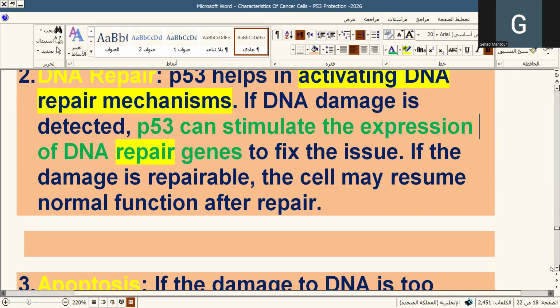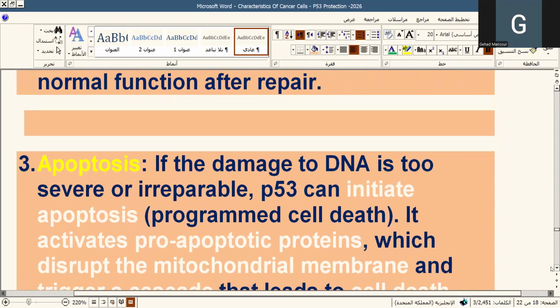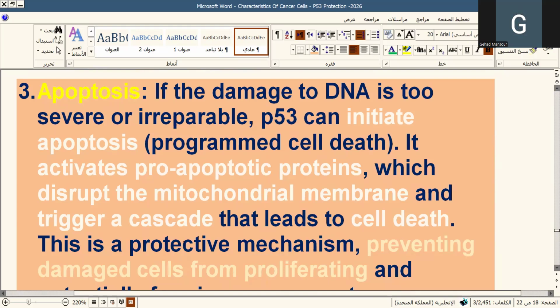And therefore, if the damage is actually repairable, then the cell will return to the cell cycle. But of course, here we have one important condition: that the DNA repair genes themselves should not be mutated with the rest of the mutated genes in the cell.